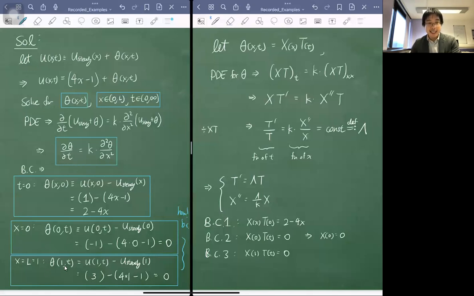I'm just breaking this out with our ansatz. It's equal to 0, which means X(1) is 0, because T(t) cannot be 0. Otherwise, if T(t) is 0, this is trivial. We don't want trivial solutions for our PDEs.